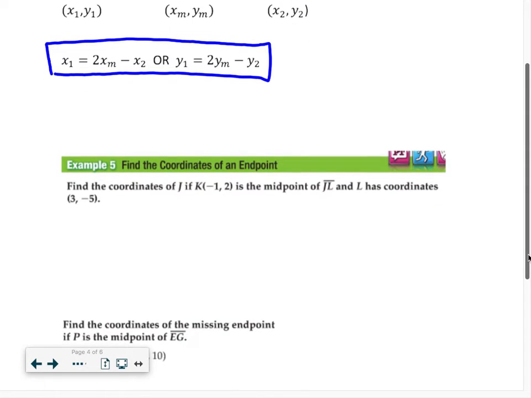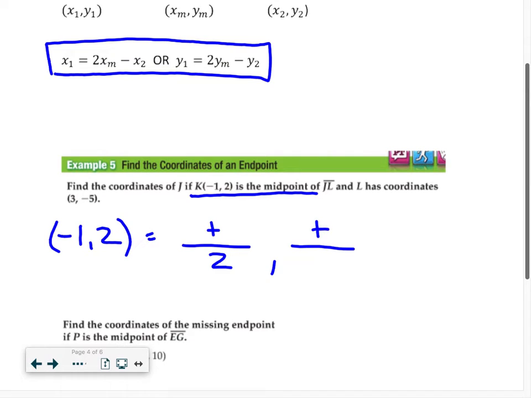So find the coordinates of J if K is the midpoint of JL. K is our midpoint, and it's -1, 2, and L has coordinates 3, -5. So if you remember, midpoint comes from adding the x values together and dividing by 2.